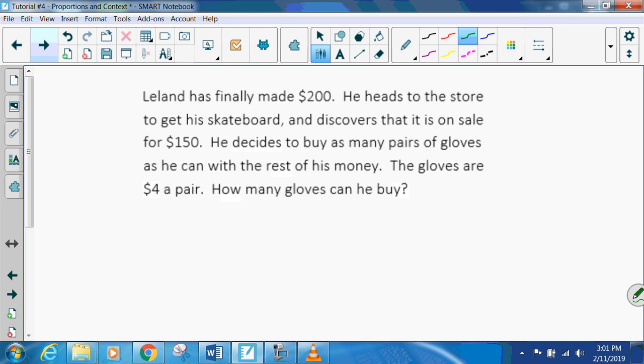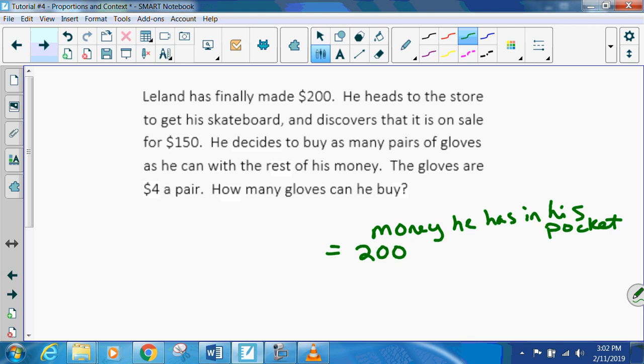All right, so we've got money that he has, and let's see, what do we say on the other side? So let's see, he's got money he has in his pocket. How about that? So we kind of can visualize him walking to the mall or the store, and he has $200 in his pocket, or wherever he carries his money.